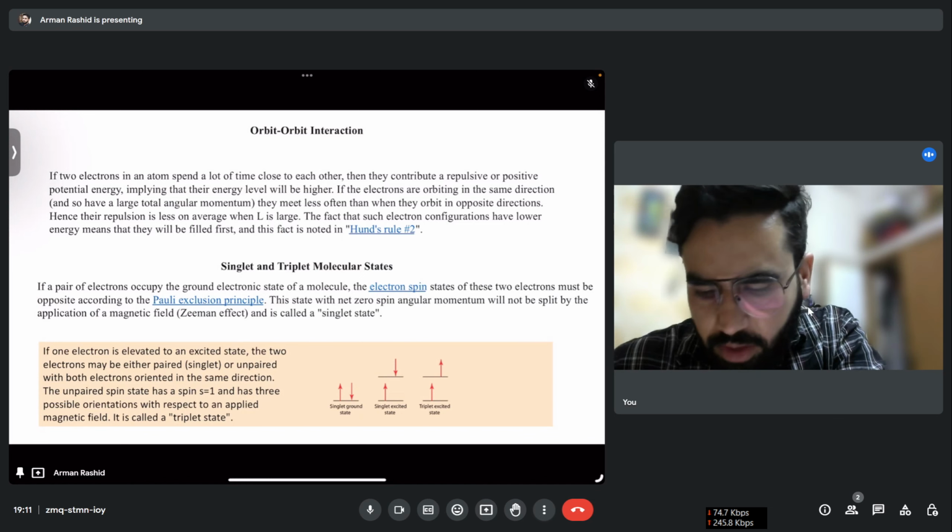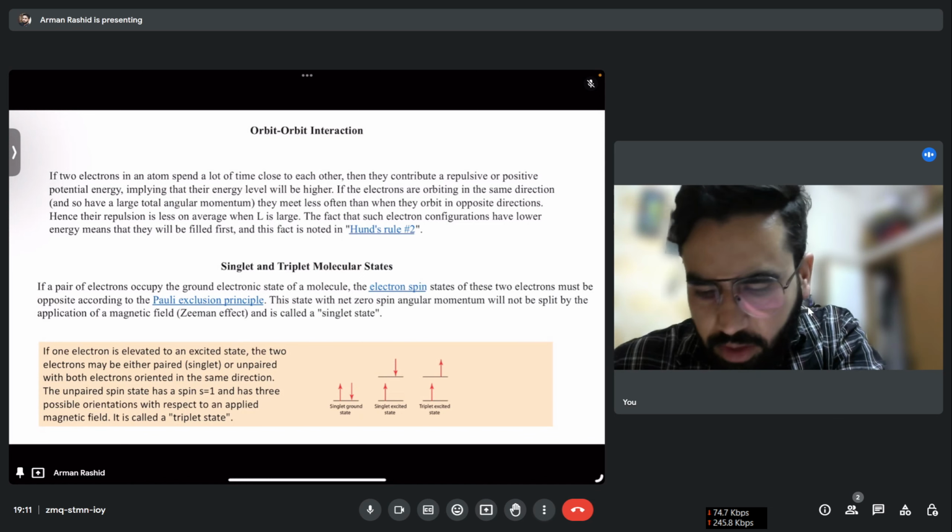In case of Hund's rule 2, what happens is that we always say that the state which has a higher total angular momentum will be lower in energy. Why? Because the electrons have an angular momentum. If the electron moves in this direction, the angular momentum will be in the z direction, right?